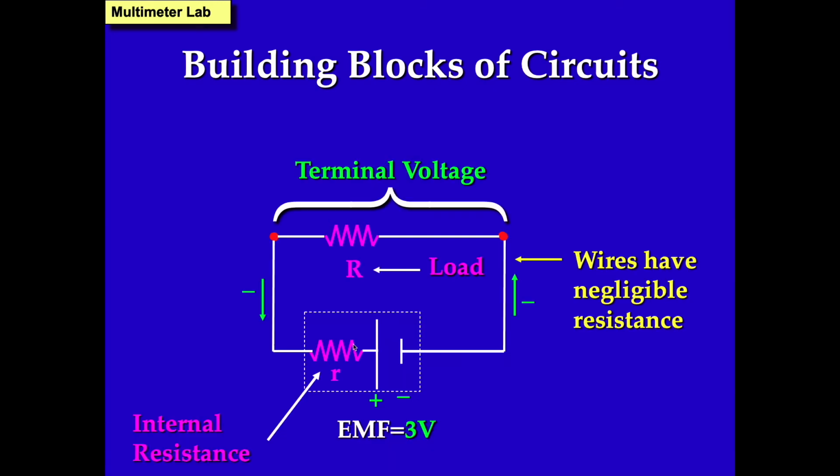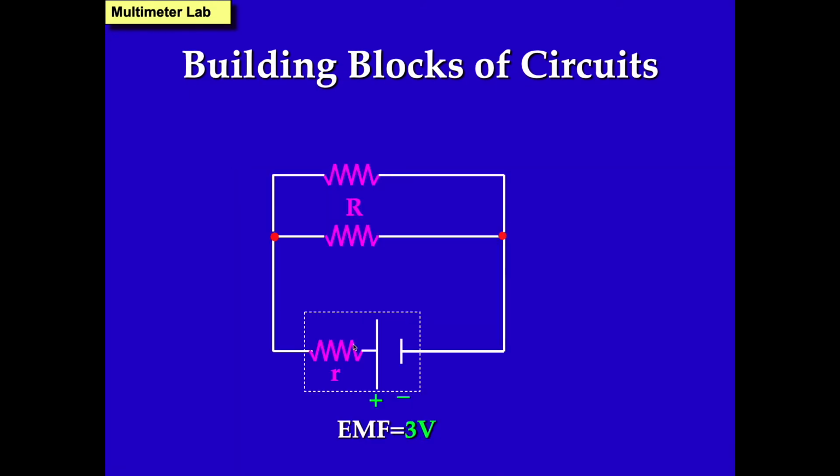Let's ignore this internal resistor, okay? And let's assume everything is ideal. When you look at the positive side of this battery, and you ignore this resistor, and the wire is ideal, this point in the circuit is tied to the 3 volts.